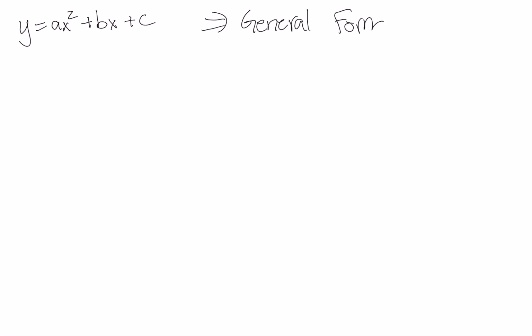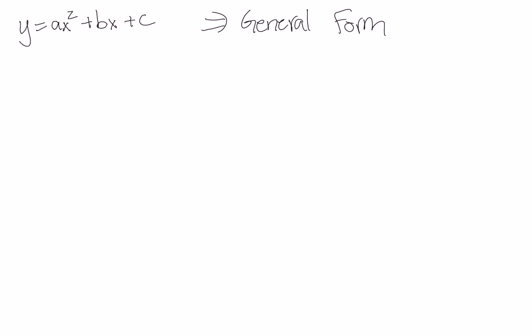So what that means is all of the equations that we're going to be looking at are quadratics. That means they're going to have some sort of x squared value in terms of the graph. So our general equation, so this is what we call our general form or standard form, looks something like that, where a, b, and c are just some regular numbers.